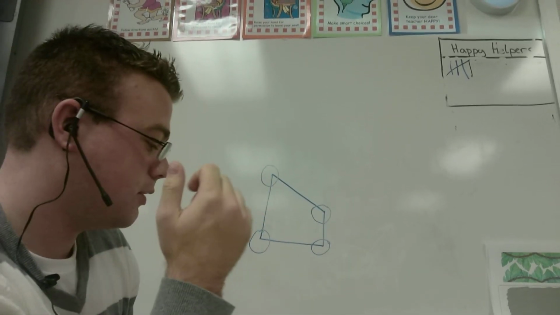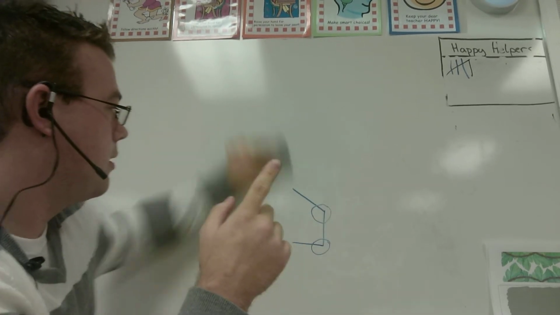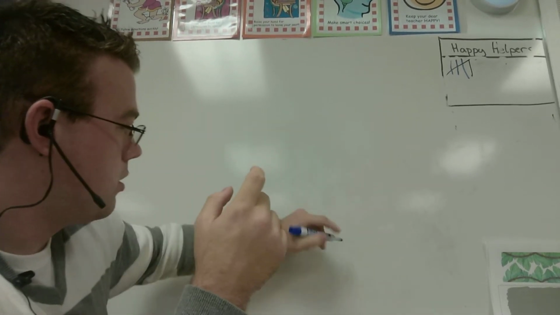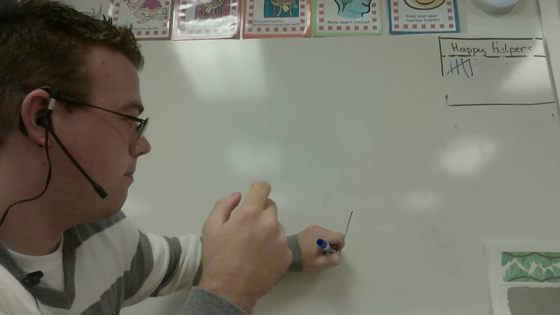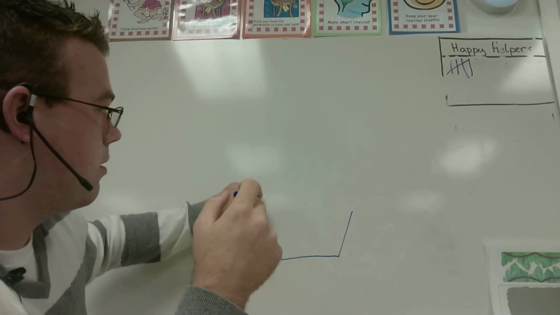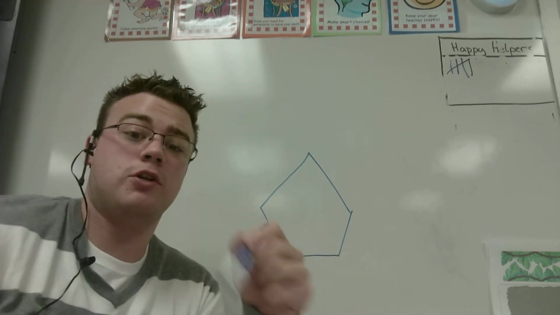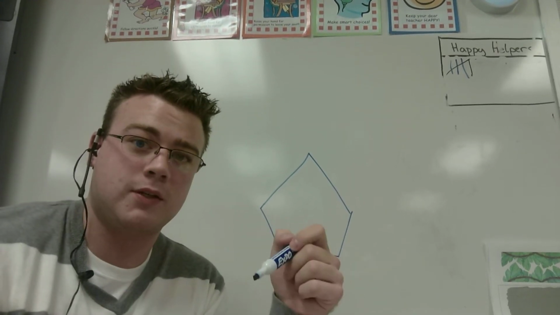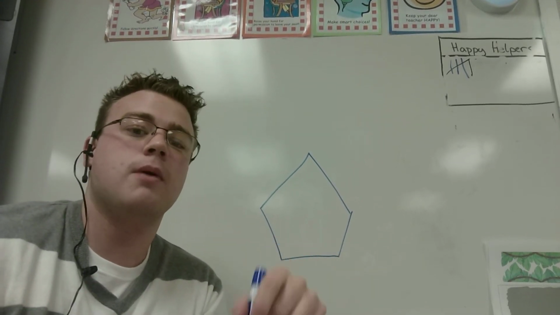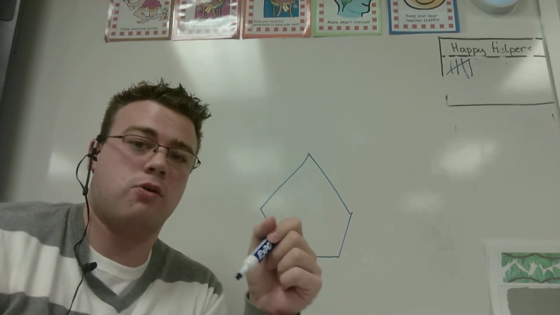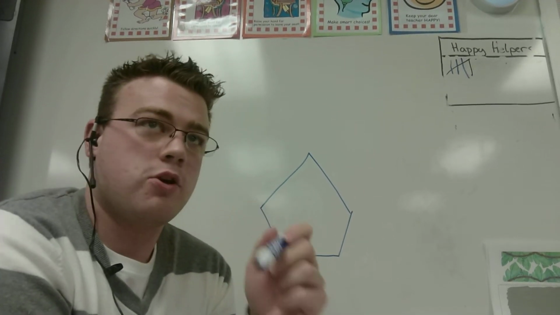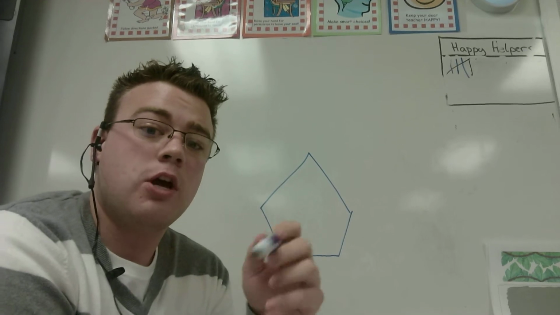Now, I'm going to erase it and draw a pentagon now. Because this next term, you're going to have to use what you know about a vertex to understand this next term. The next term is a diagonal. Now, when you make a diagonal, you need to connect 2 vertices, except the vertices can't be next to each other. Like here. Here's a vertex right here.